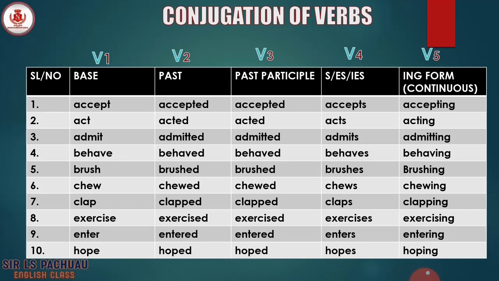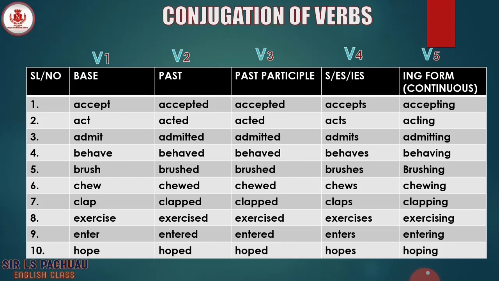Here we have these five forms of verbs. Let's see. Accept turns into accepted in the second form of the verb, which is the past tense. Accepted turns into accepted again in verb 3 or the past participle form.